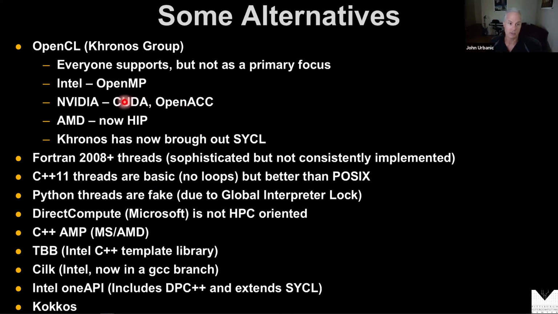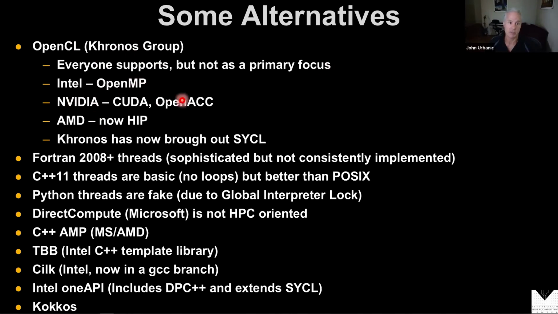And so an alternative was required for people that weren't willing to commit to a proprietary API. And so OpenCL came along. The Kronos group formed to support it, and everybody supported it, including NVIDIA. To NVIDIA's credit, they supported OpenCL. And so OpenCL was a way to do threaded programming, particularly on GPUs, but really meant to support everything, including CPUs.